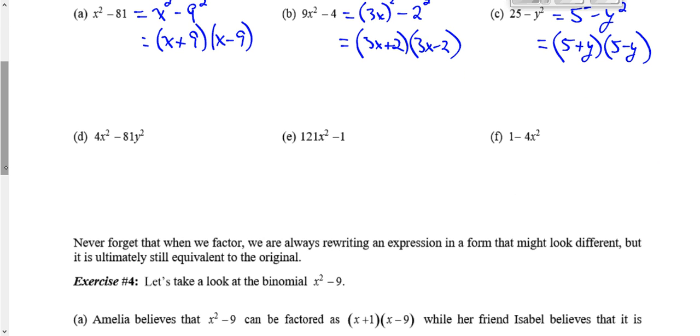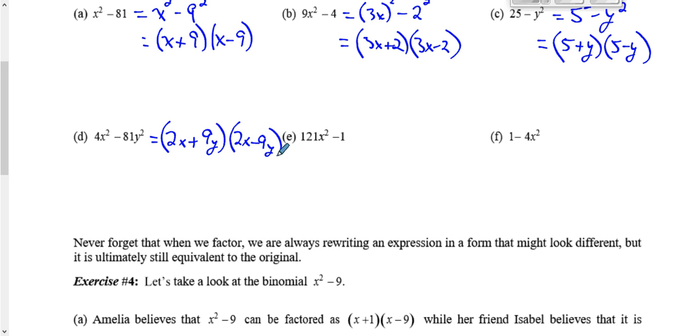So let's try D. Is 4x squared a perfect square? Is 81y squared a perfect square? Okay. So it's minus and then plus. It'd be like first, 2x plus 9y times 2x minus 9y.